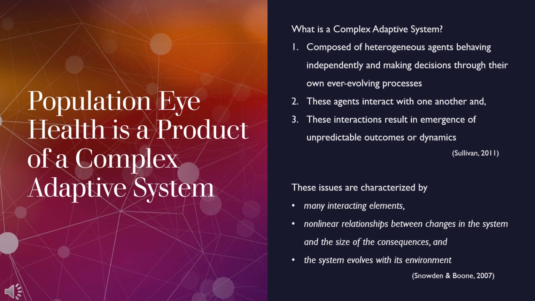First of all, it can be thought of simply as a system that is composed of diverse agents behaving independently and making decisions through their own ever-evolving process. This can include agents such as non-governmental organizations, government actors, individual community members, leaders, groups.